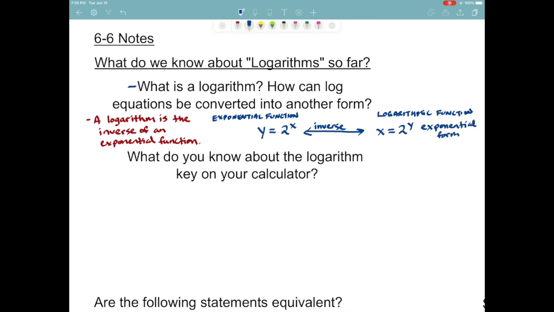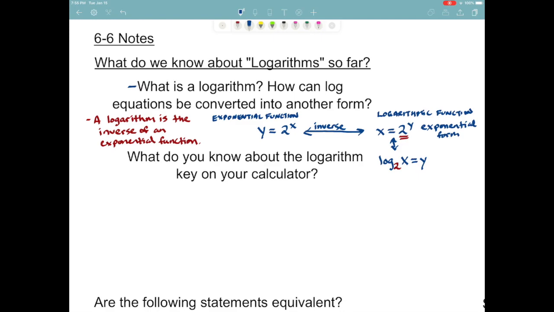Hopefully you remember that. We also talked about then turning it into log form. And we know something's in log form because it has log written in it. What we look for, remember, is we say log, and then we're looking for the log base. Well, that is the same as the base in the exponential form. So this is log base 2 of x should equal y.